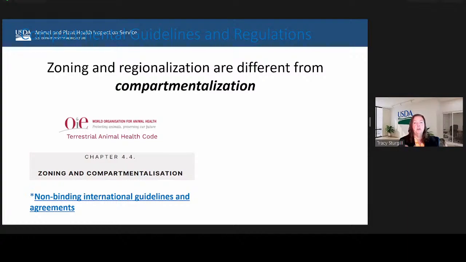But just to give you a general hierarchy of compartmentalization, there are non-binding international guidelines, which are presented in Chapter 4.4 of the WOAH Terrestrial Animal Health Code, and this identifies the rules and regulations. This is what we use to then create the rules and regulations regarding compartmentalization in the United States.